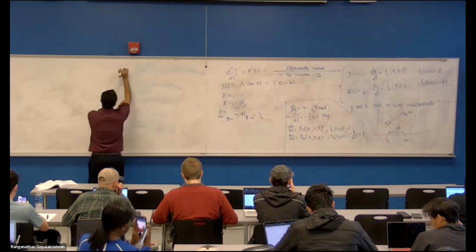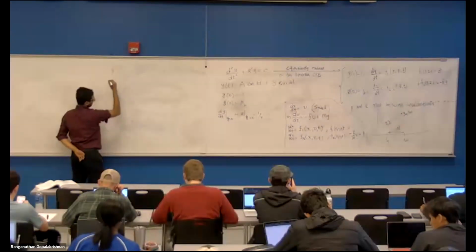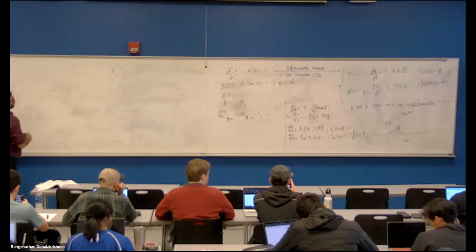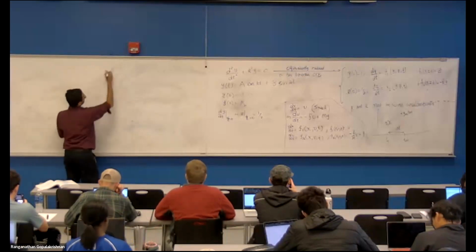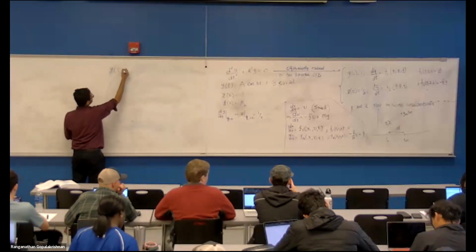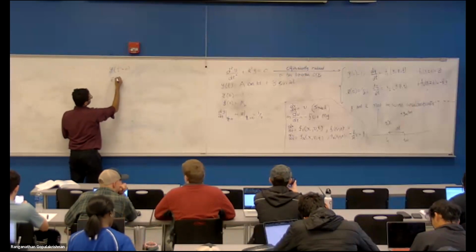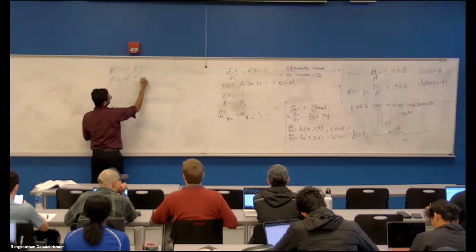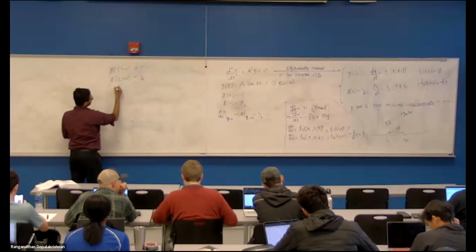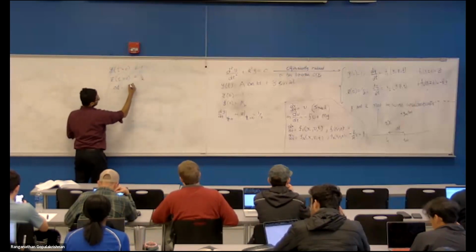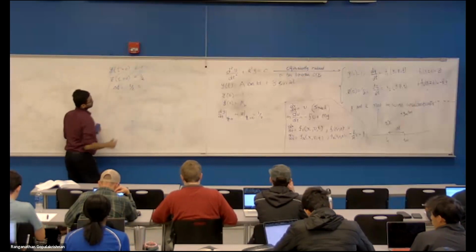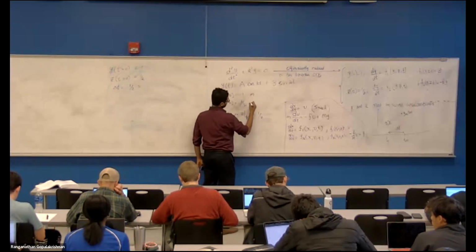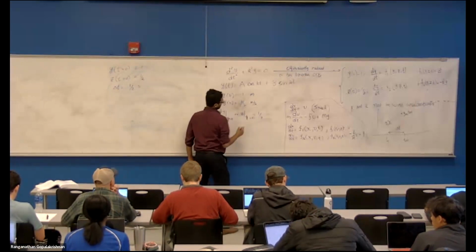So I have y at time 0 and z at time 0. This is equal to 1, this is equal to half. Let me choose a step length of half a second. To give it units, we'll call this 1 meter and half a meter per second.